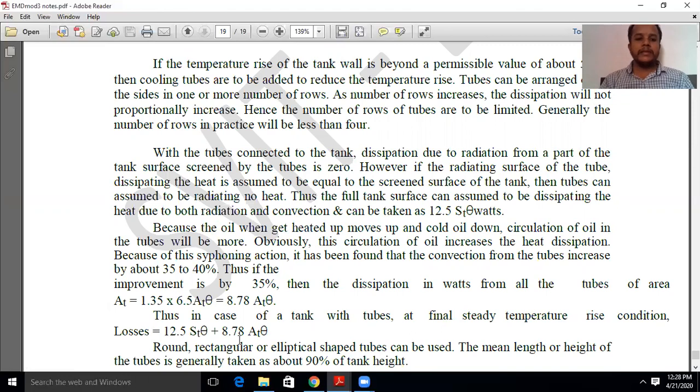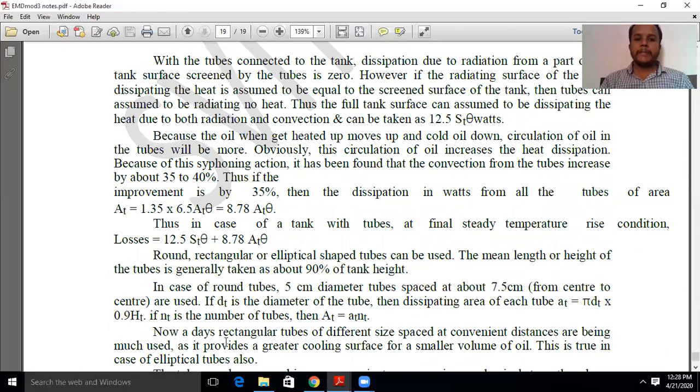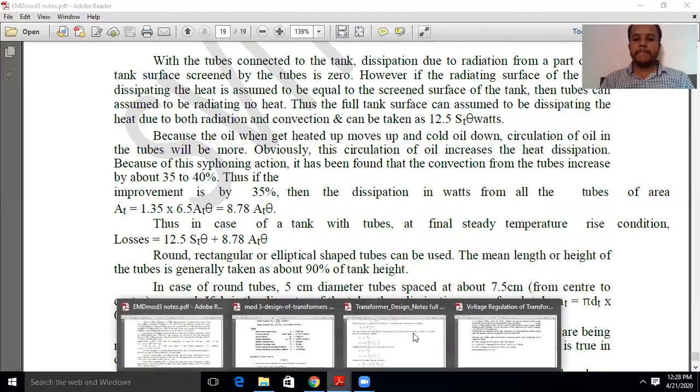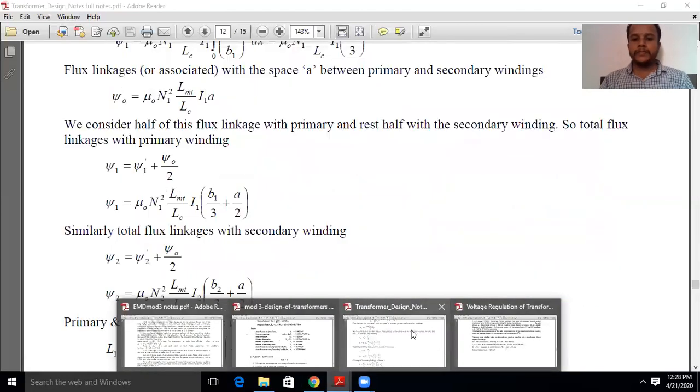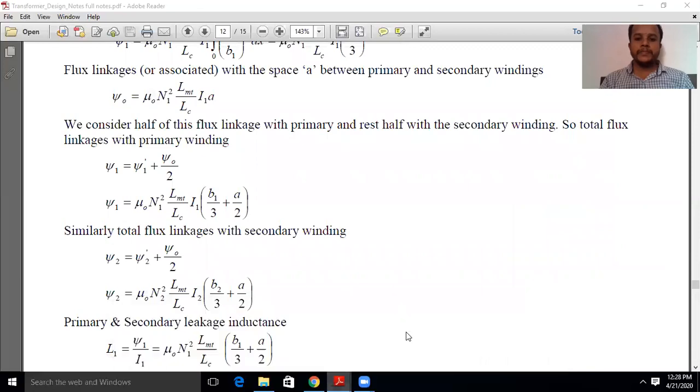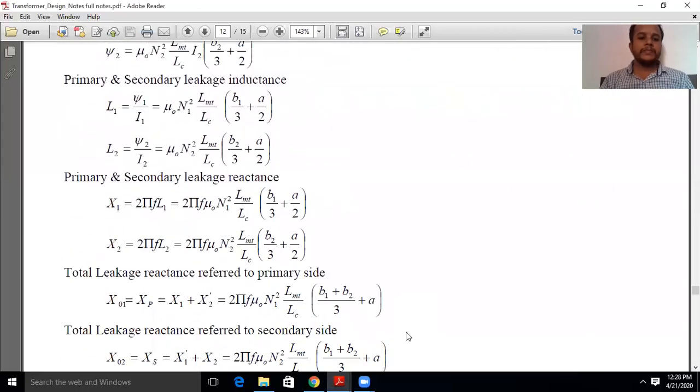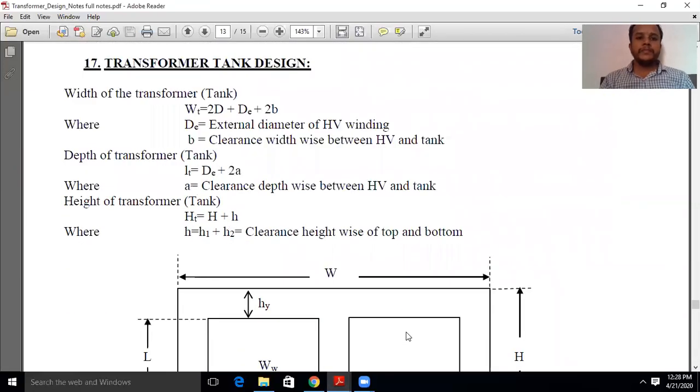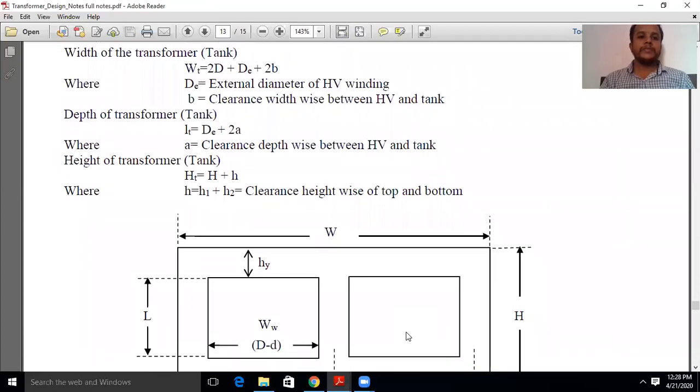Here the losses. Now we have seen the width, depth, and the height of the tank.